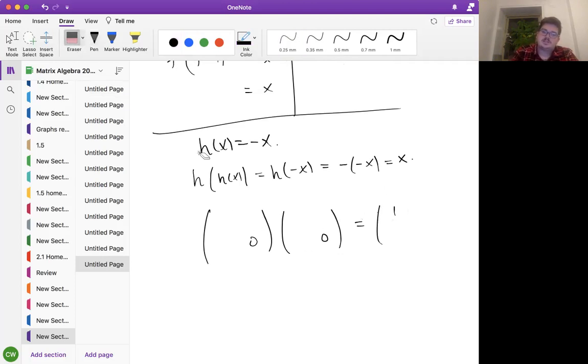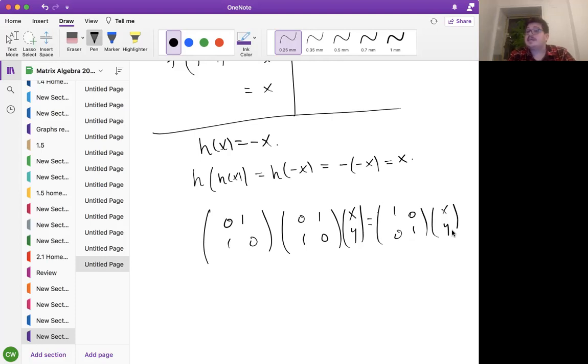The better one is 0, 1, 1, 0. If you're thinking of this as a function on x, y, you get the identity on x, y back. Okay, questions on that? Involution just means it's its own inverse.